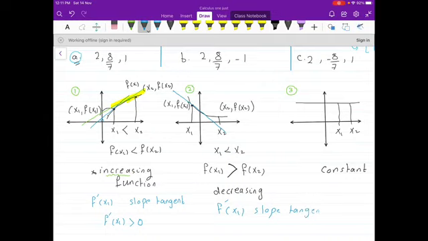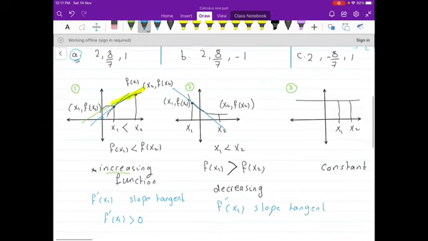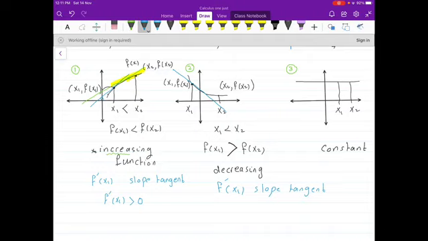Now, is the slope of the tangent at x1 positive or negative? It is clear that this angle of the tangent is negative. So, f prime at x1 is negative. So the function is decreasing if the derivative is negative.